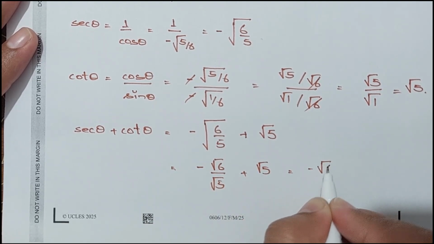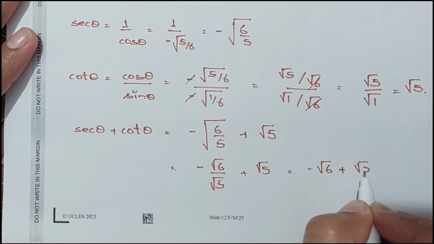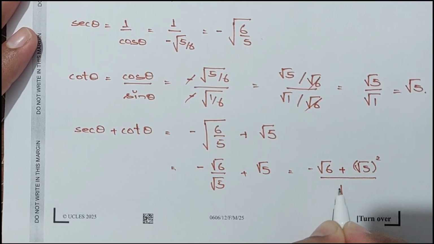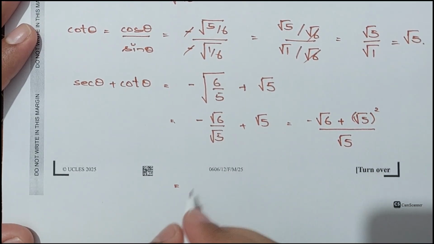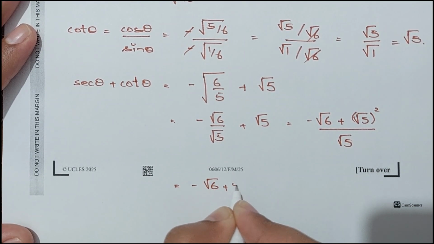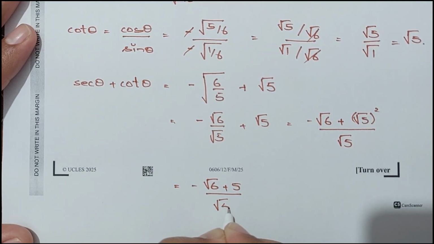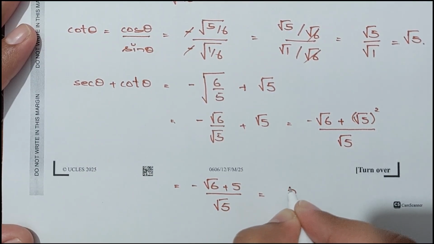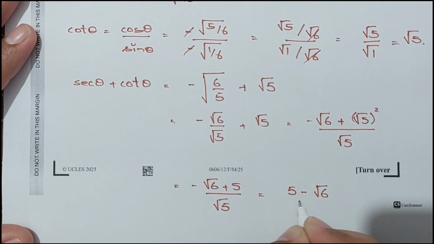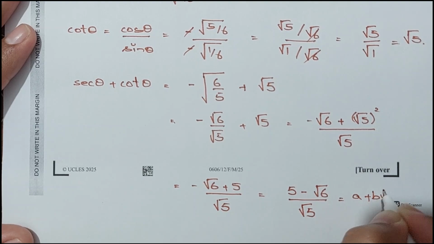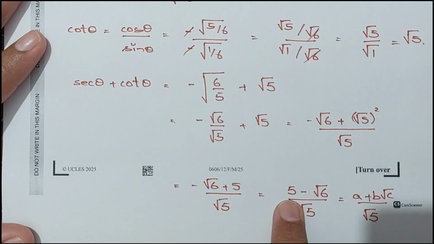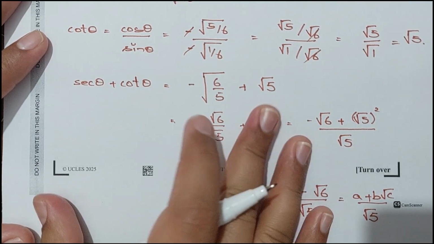This would be minus root 6 plus root 5 times root 5, its square, divided by root 5. Further simplification: minus root 6 plus 5 divided by root 5, or we can say 5 minus 1 root 6 over root 5. This is in the form a plus b root c over root 5, where A, B, C are integers. A is 5, B is minus 1, and C is 6. So this is written in exactly this form.